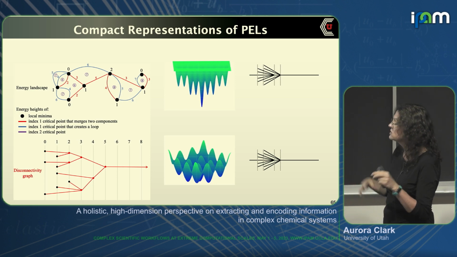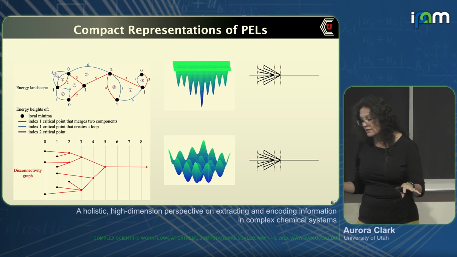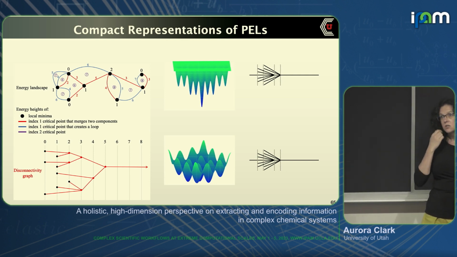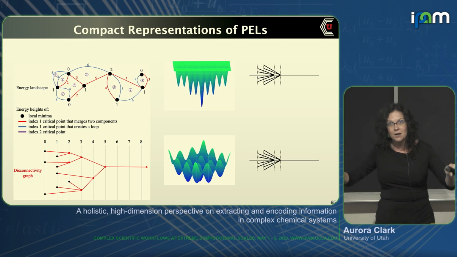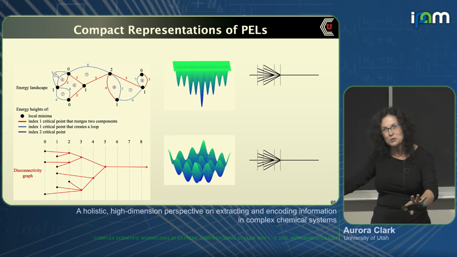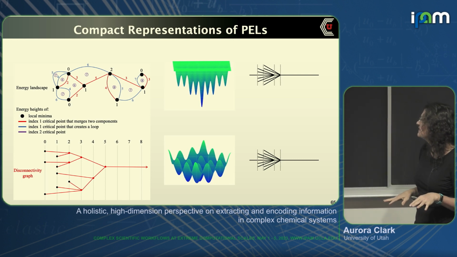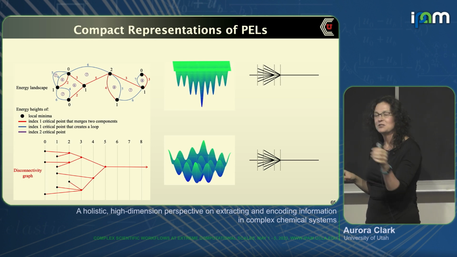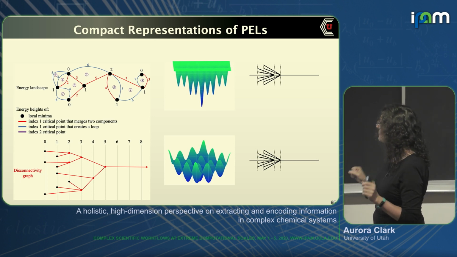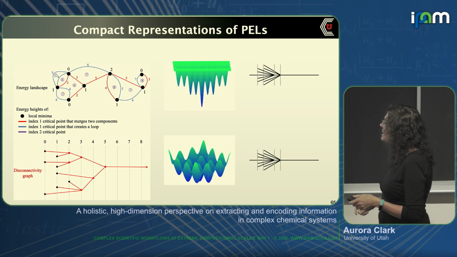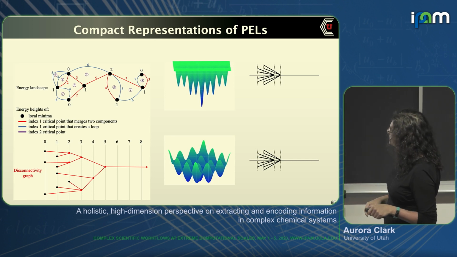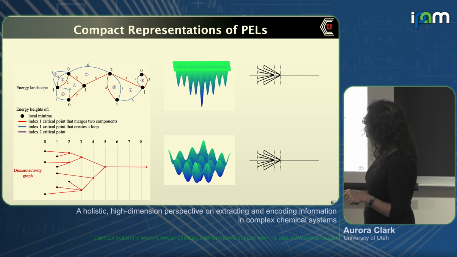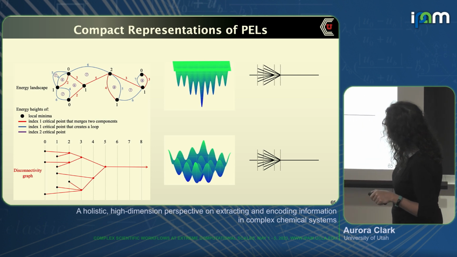And so disconnectivity graphs basically take the energy landscape and they follow just the index 0 and index 1 critical points. The index 0s, all the minima basically, are the leaves on the tree of this graph, and then the transitions between those index zeros are what are connecting those leaves. And so we could imagine an energy landscape that maybe looks like this, where I've got a bunch of index 0 critical points here, here, and here.